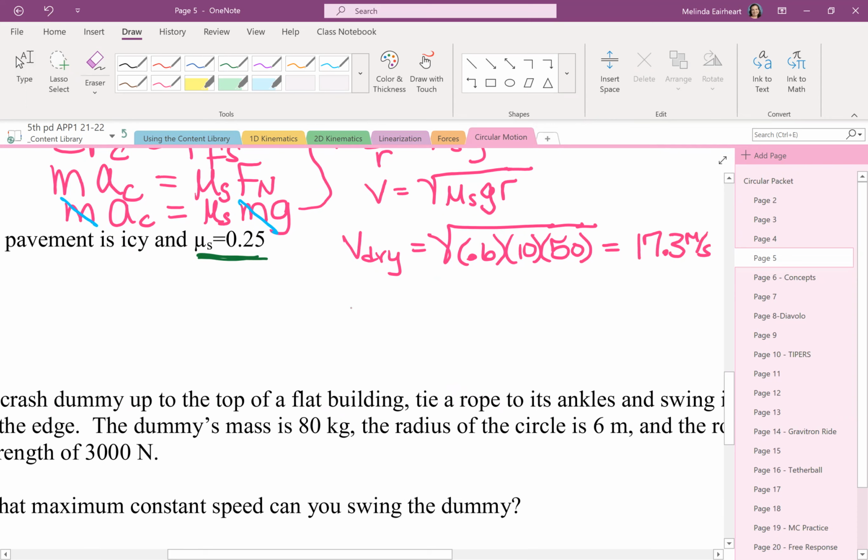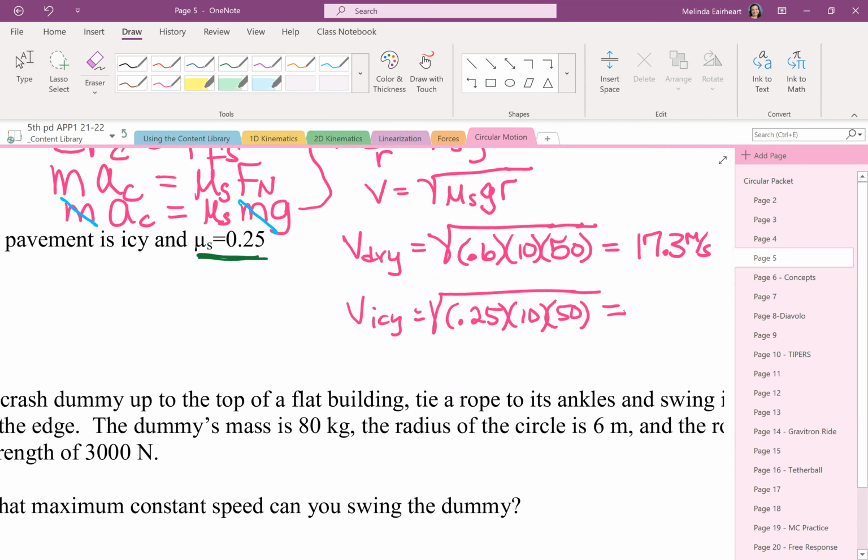What about when it's icy? 0.25 times 10 times 50. 11 point what? 11.1. Okay. And so there's our two speeds when it's dry and when it's icy.